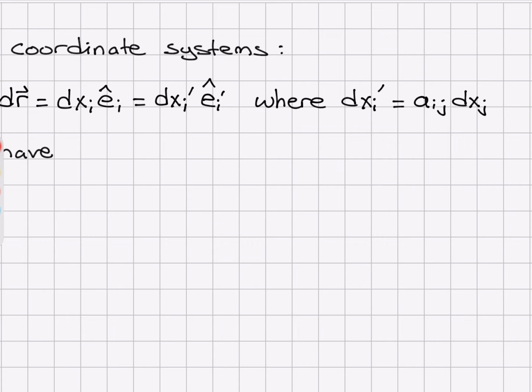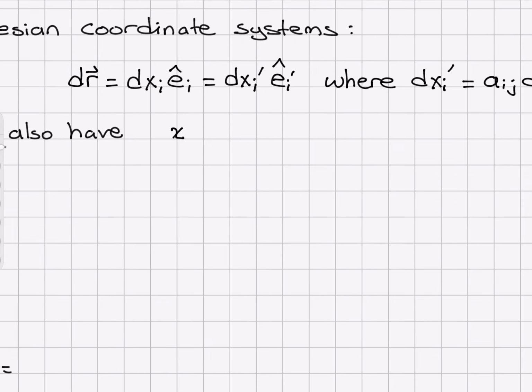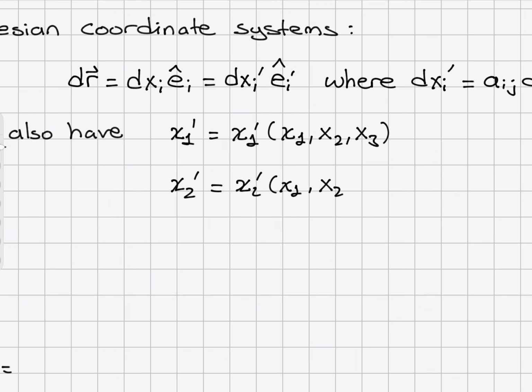All right. So we also have the relationship between the primed system and the unprimed system. x1 prime is a function of x1, x2, and x3. x2 prime is a function of the original unprimed coordinates x1, x2, and x3, and x3 prime is also a function of x1, x2, and x3.